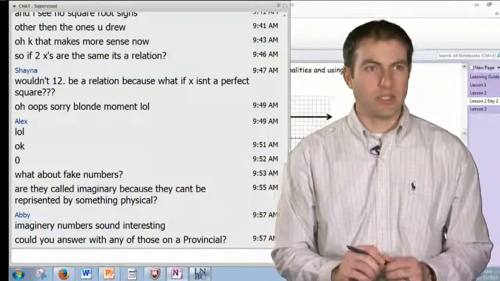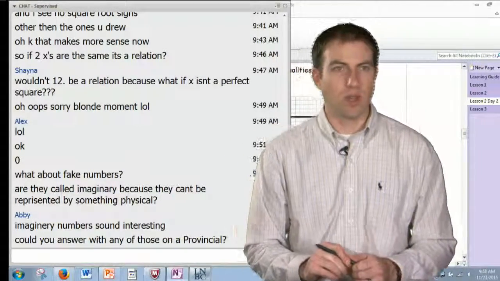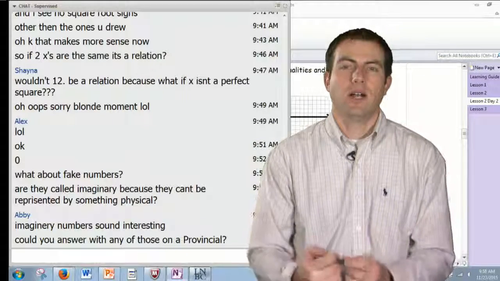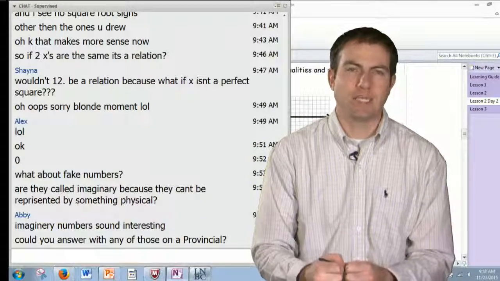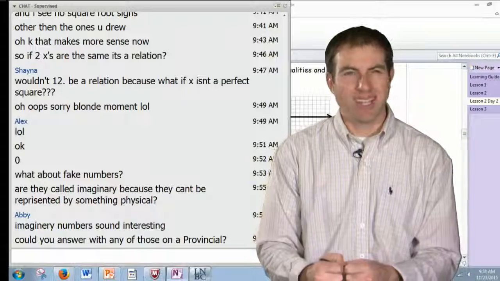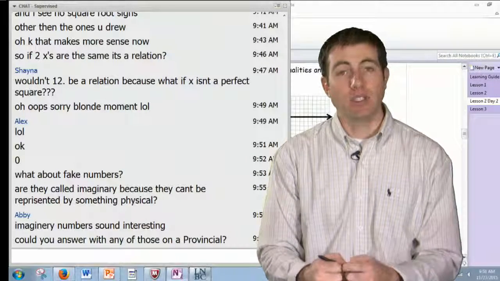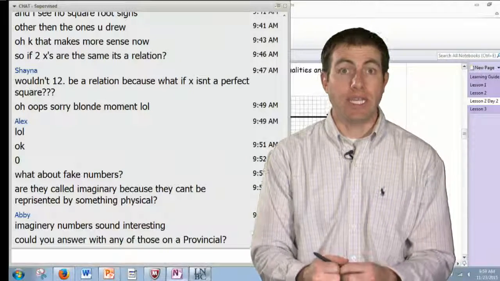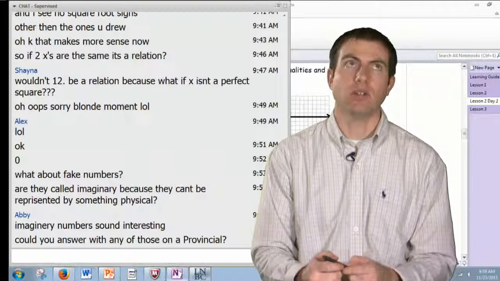Imaginary numbers sound interesting. Could you answer with any of those on a provincial? I'm not sure what you're getting at there. The provincial exam might have a question like, identify an irrational number.